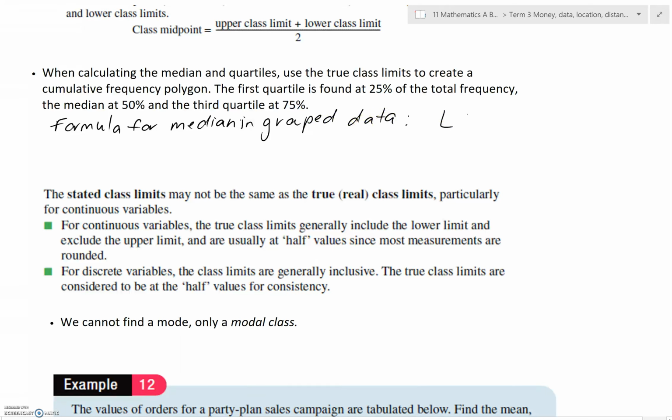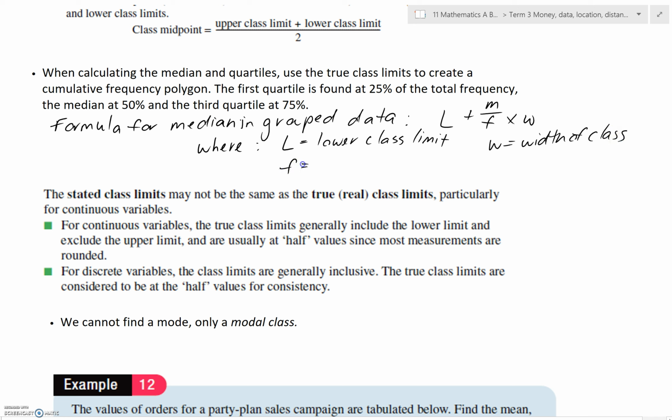It's L plus M over F times W. And what those letters mean: L equals the lower class limit, W equals the width of the class, F equals the frequency of the class, and M equals the median term in the class.